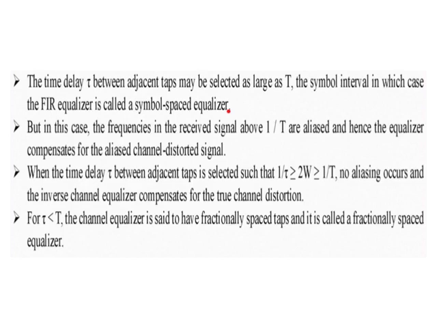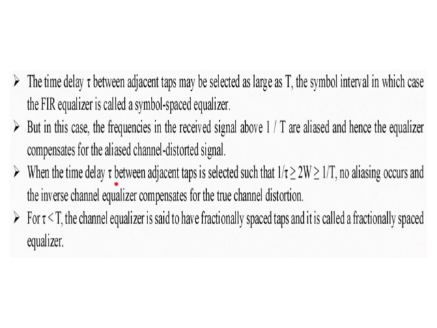But in this case, the frequencies in the received signal above 1 by T will be aliased, and hence the equalizer compensates for the aliased channel distorted signal.